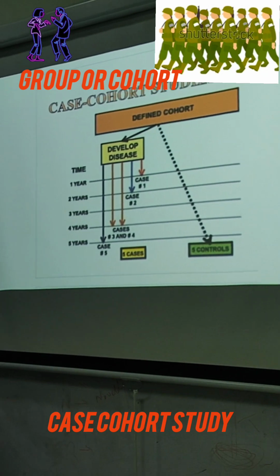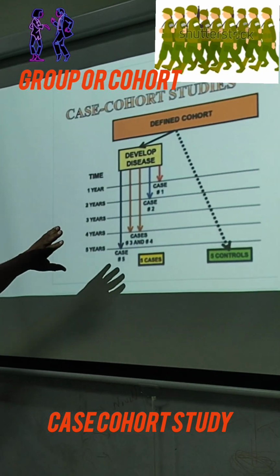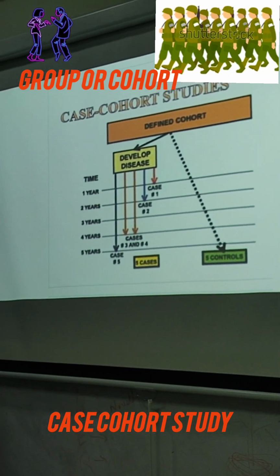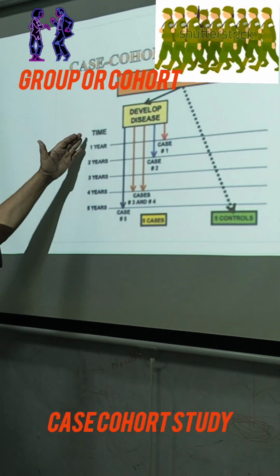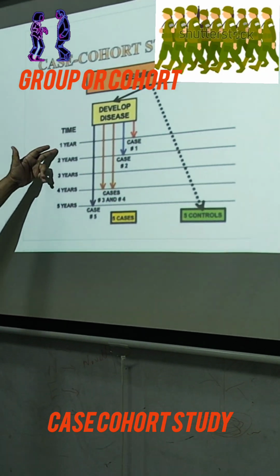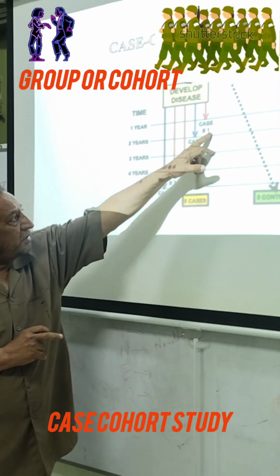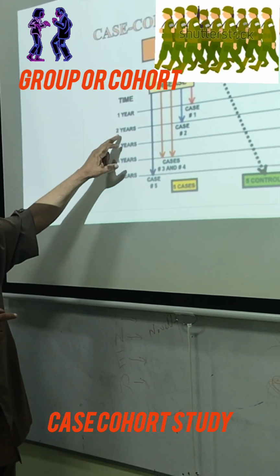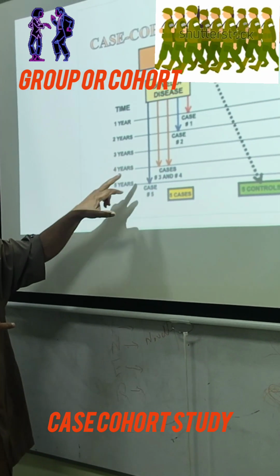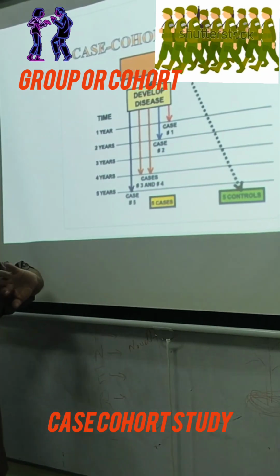This is I think a beautiful picture, and first you will have a sub-cohort or defined cohort, and then you see these diseases as per the time schedule. Suppose in 1 year case 1 has been identified, then you will select the one control. Here, 2nd year, 3rd year, 4th year, and 5th year.